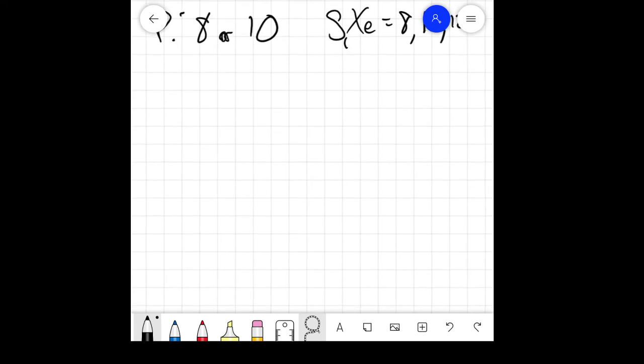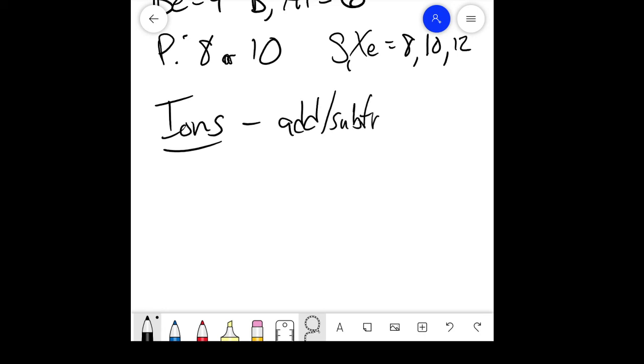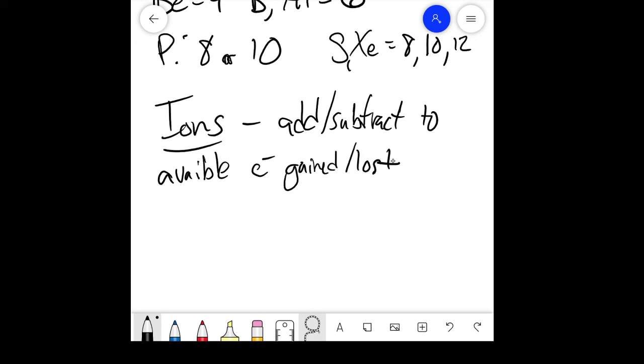Okay, one last thing is, say you're doing an ion. If you're drawing ions, remember to add or subtract to the available electrons the electrons gained or lost to form the ion.